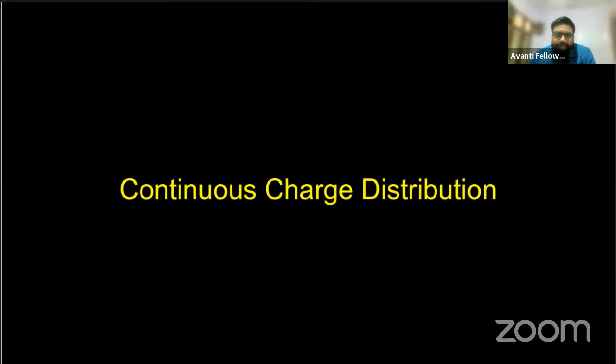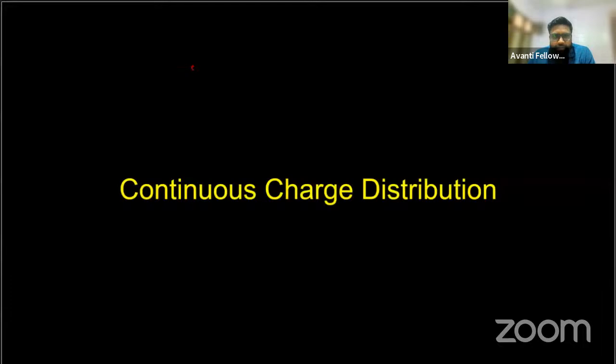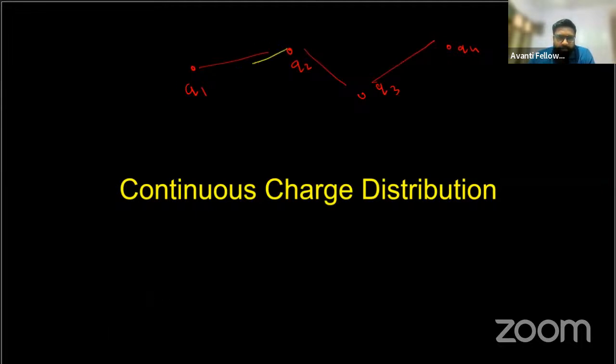What we have studied so far is the point charge. And between 2 point charges there will be a separation. Suppose this is Q1, this is Q2, this is Q3, this is Q4. So there is a lot of separation between them. Got it? But what if I take these charges very close to each other?